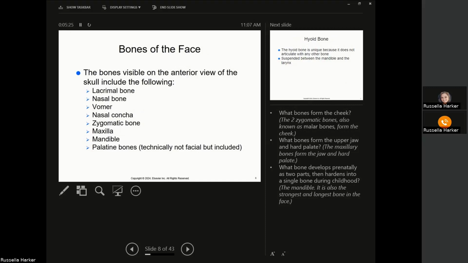The two maxillary bones, known as maxillae, singular maxilla, form the upper jaw and part of the hard palate. The maxillary bones are joined together at the midline. Remember, the midline is what divides our body into right and left equal halves. And they're joined together by the maxillary suture. The maxillary bones contain the maxillary sinuses.